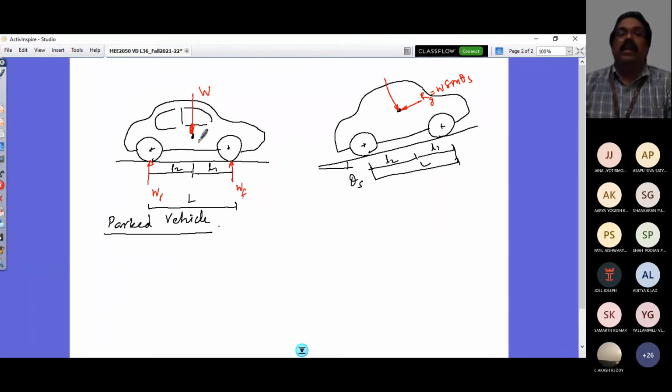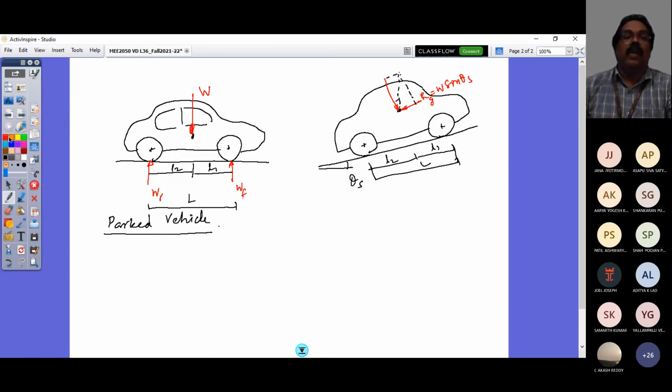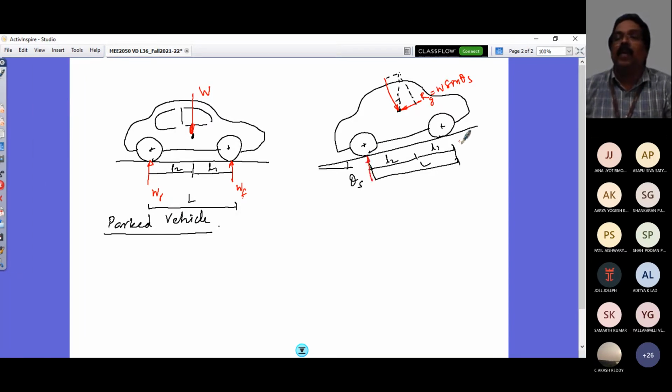And this W is what is now resolved into these two components, right? And of course, I will have now here my normals. This is WF, WR, sorry.